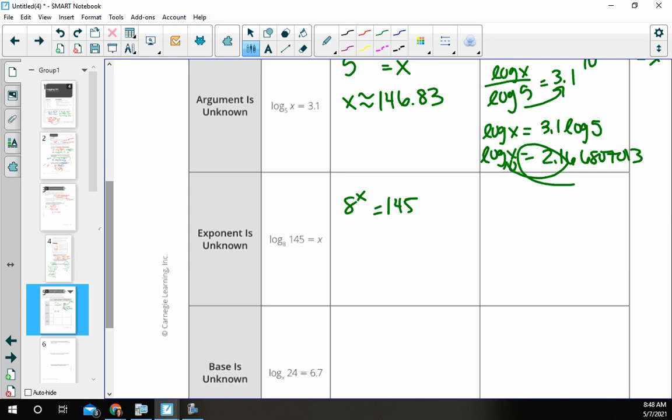So in this one, it's going to be a decimal. I can't get the bases to be the same. So what I can do is do logging of both sides if I wanted to. So I could log and log. We practiced this a couple classes ago. Okay, then I bring that forward.